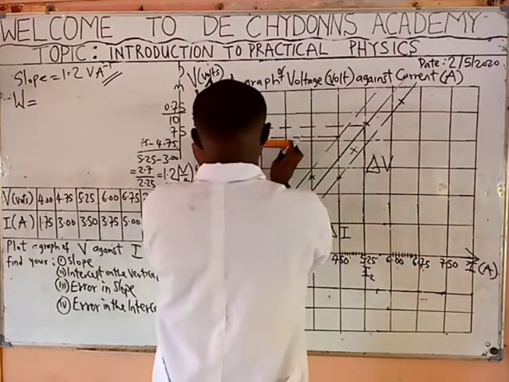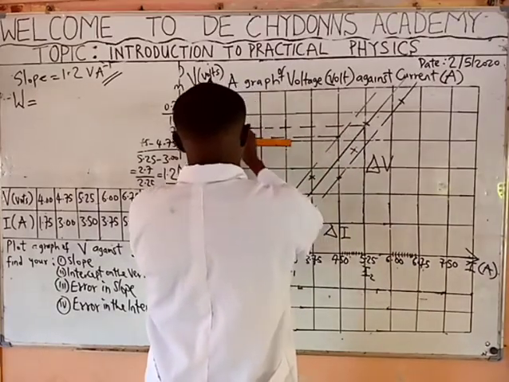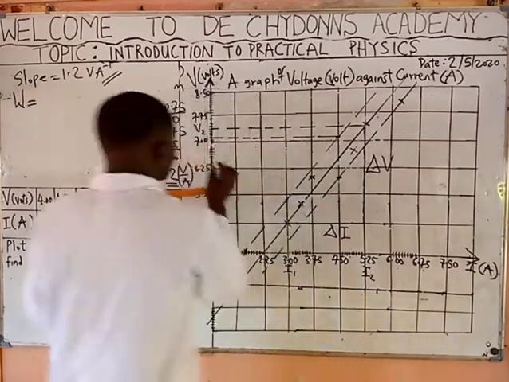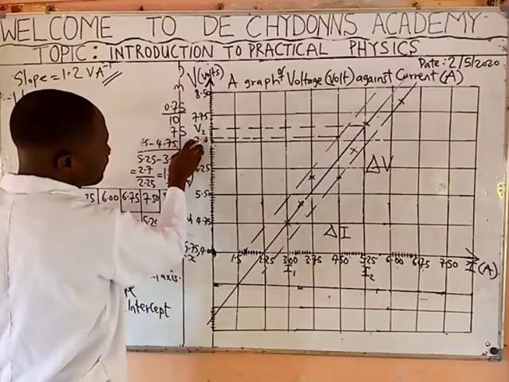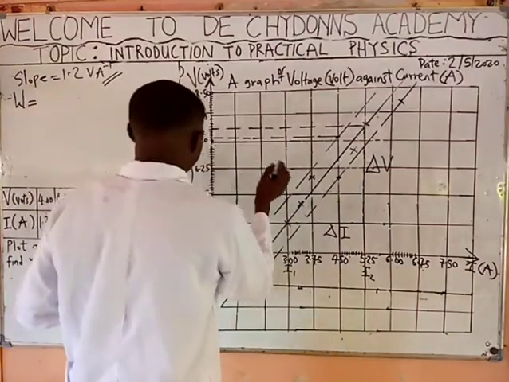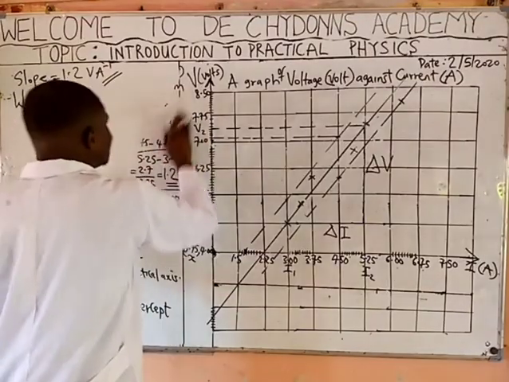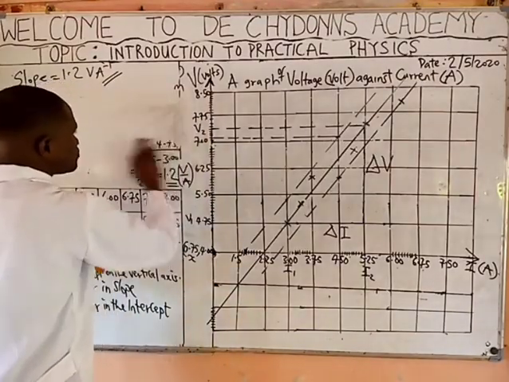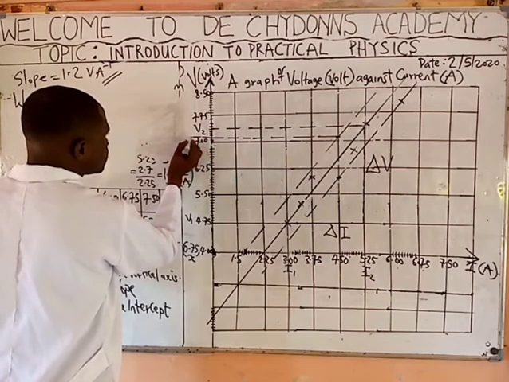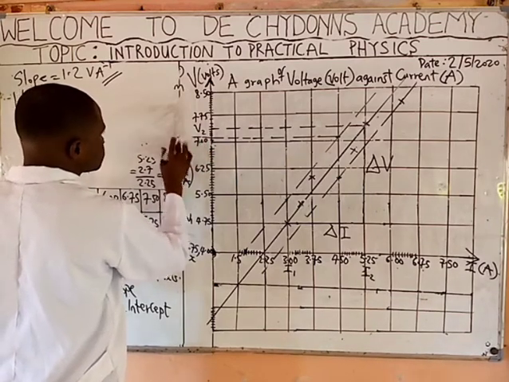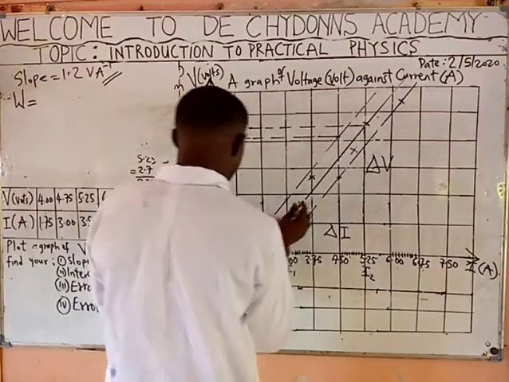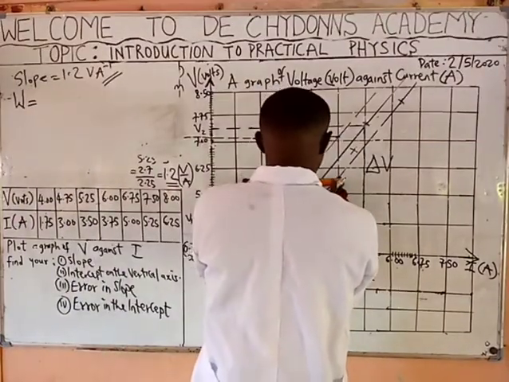Don't use freehand sketch because you can draw. Use your ruler. Then you see it falls here at the second point. Then what you do is that take out the value. Take it out. Then this one you extrapolate it to.